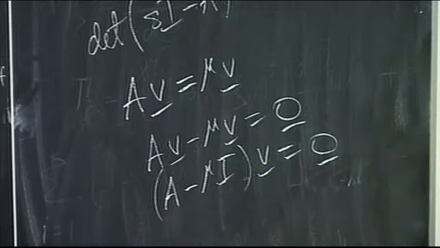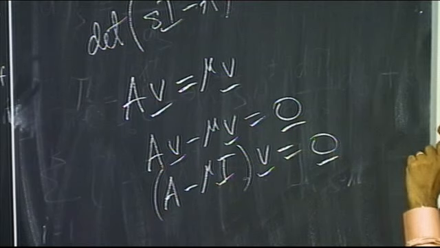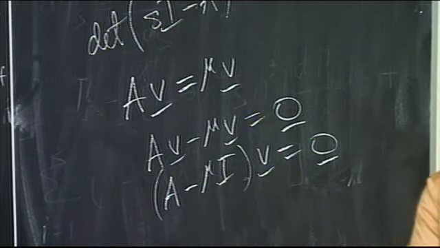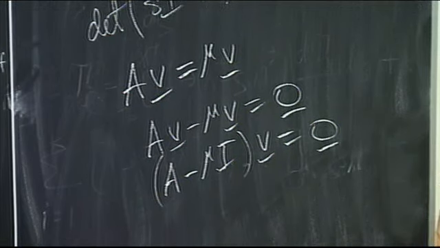Now what? Either V has to be 0 or A minus mu I has to be 0? What? It does? It is not invertible. The matrix A minus mu I is not invertible, it's singular. Why?